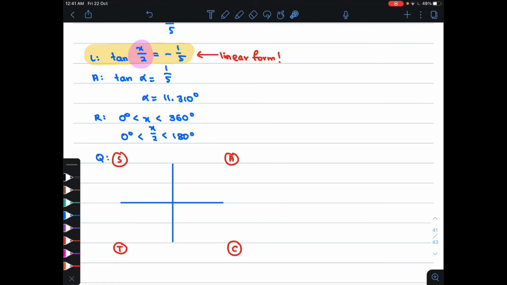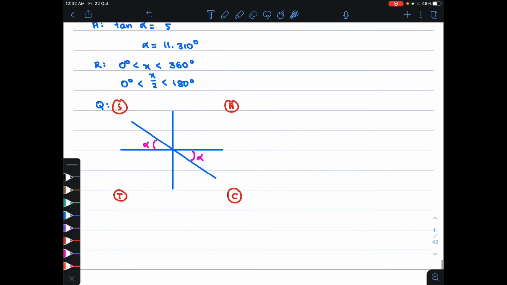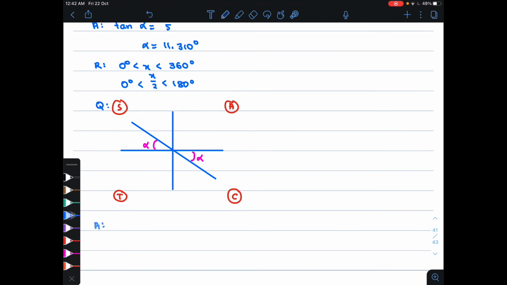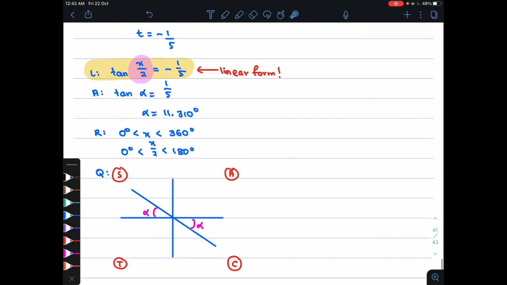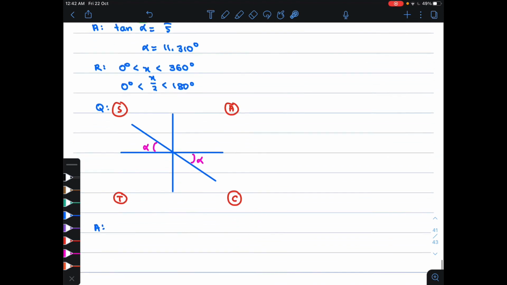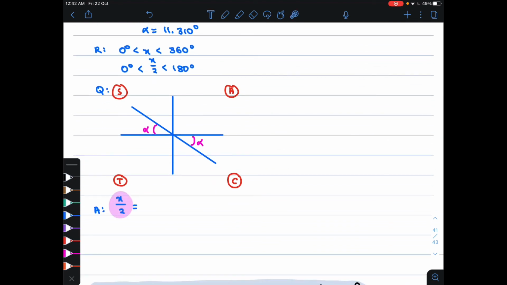And hence, it is in the second quadrant and the fourth quadrant. Label your alpha. Next, we will look at the answer. If you look at our linear form, the answer should be for x over 2. And note that x over 2 is between 0 degree and 180 degree only.